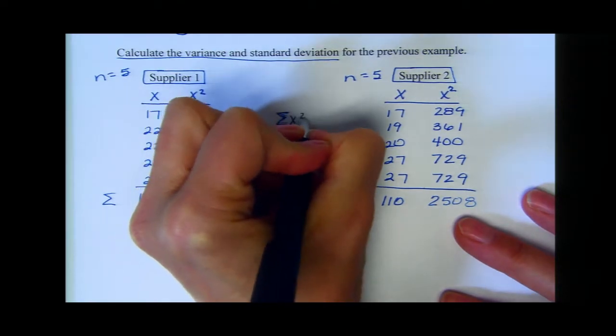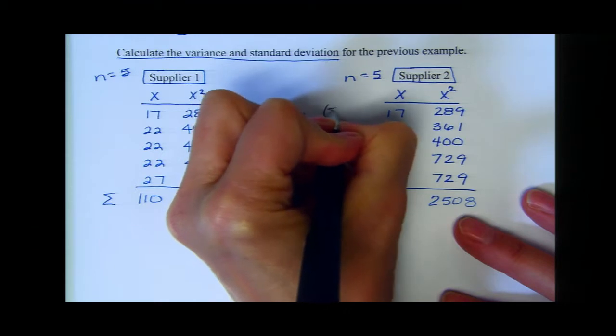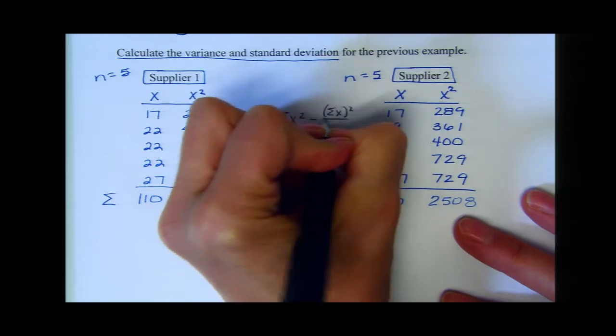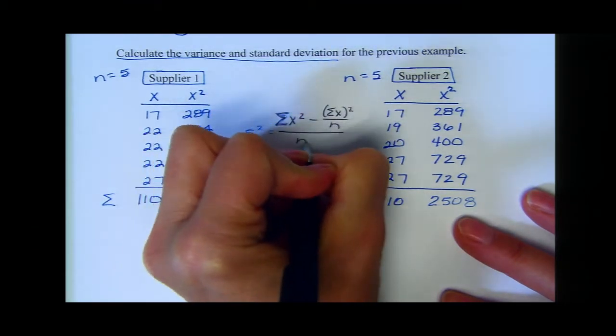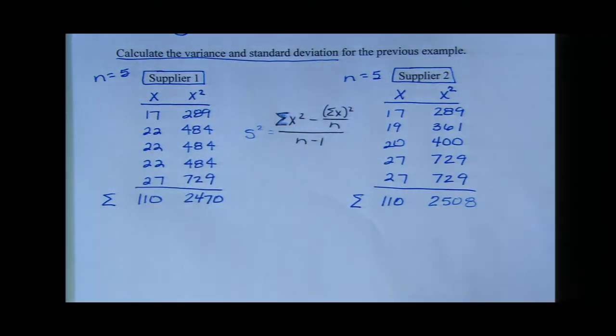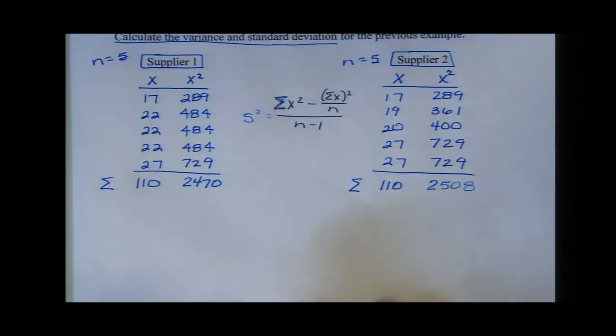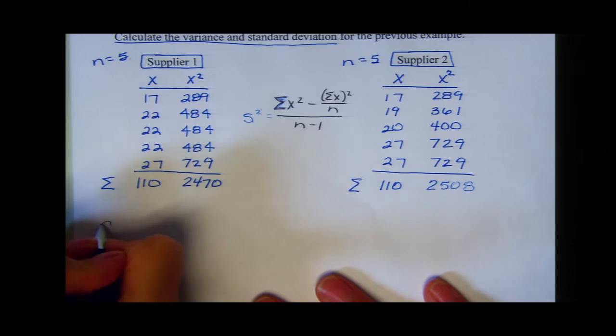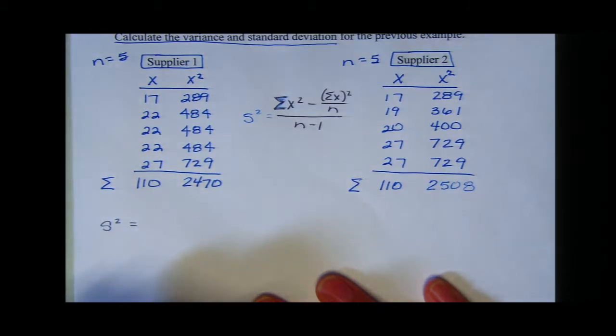We have the summation of x squared minus the summation of x to the second power divided by n minus 1. Okay, I want you to be able to see that formula as we plug it in. So we're going to calculate the sample variance s squared for supplier 1.